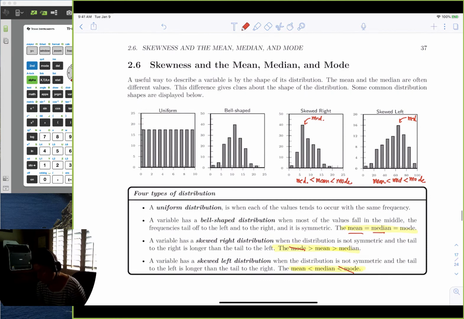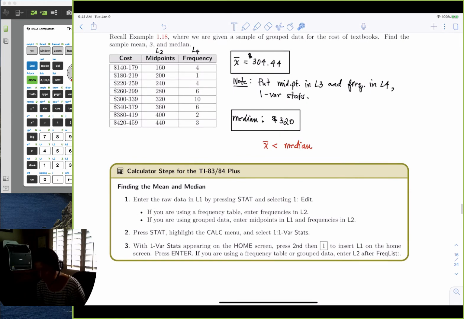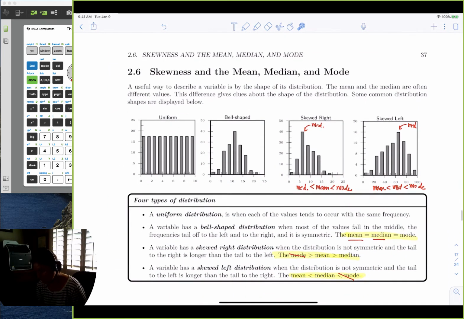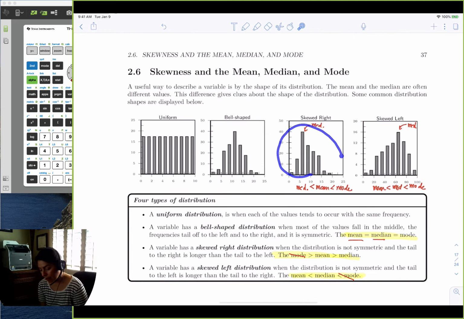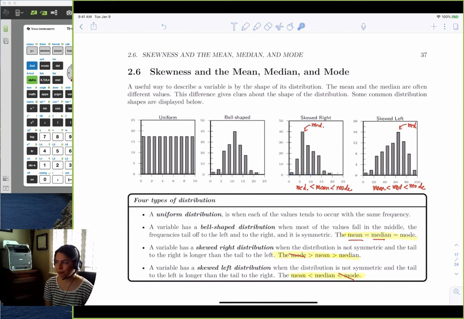Well, when our median is greater than our mean, we're going to have a little bit of skewness to the left. If we had the mean greater than the median, we would have a little bit of skewness to the right.